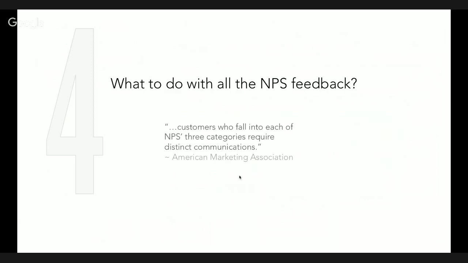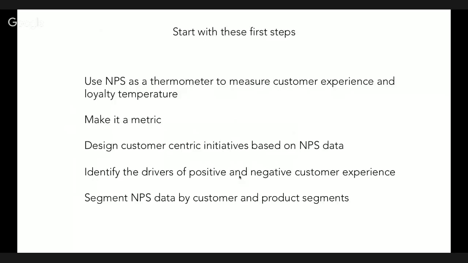So now that you have started collecting this feedback data, what do you do with all of this NPS feedback? One of the things that is important to keep in mind is that when you have segregated your customers based on their feedback into three categories, the most important thing to do is how you start communicating with these categories. And that's where I have these very simple first steps to take.